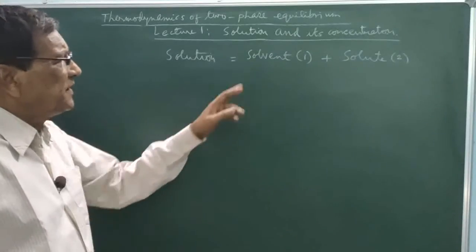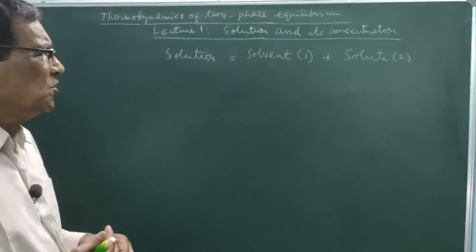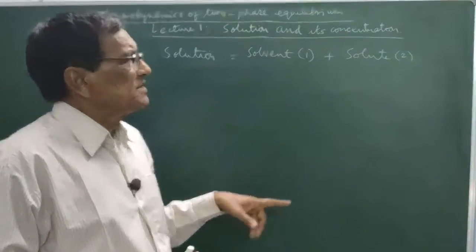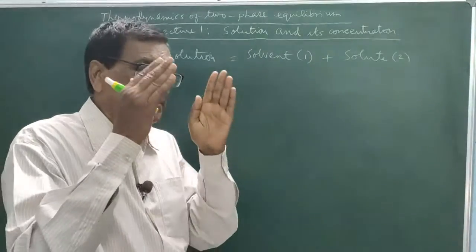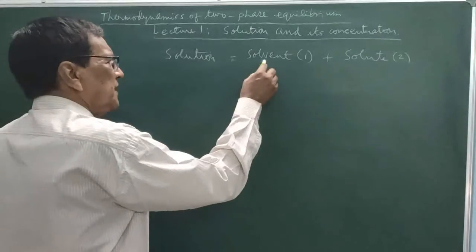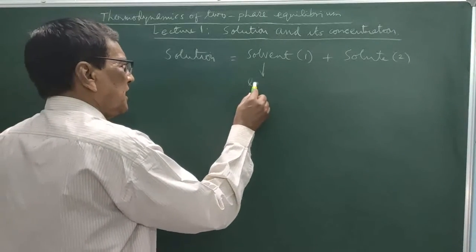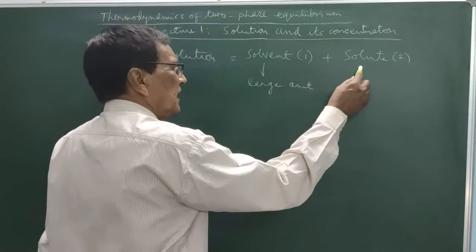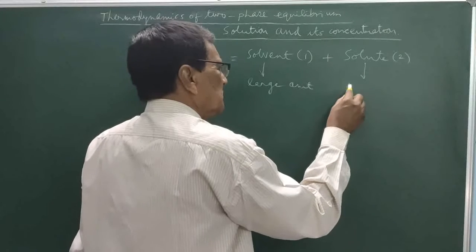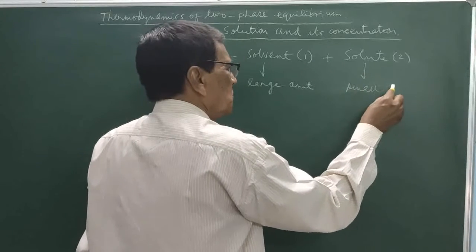The solvent means that component which dissolves, and solute is the component which is dissolved, or the solvent is present in large amount and the solute is present in small amount.